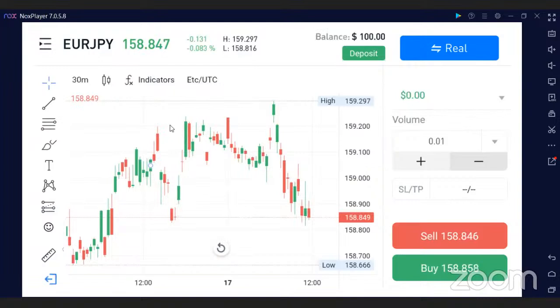It's dropping down because there's a concentration of supply around this area. The market was actually going up, but it fails to go above this line. So what I'd like to do now is draw a box.